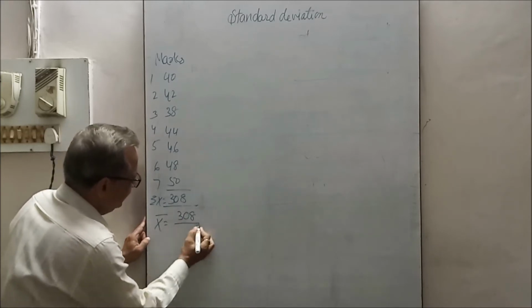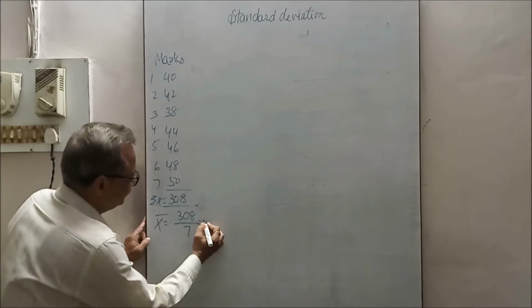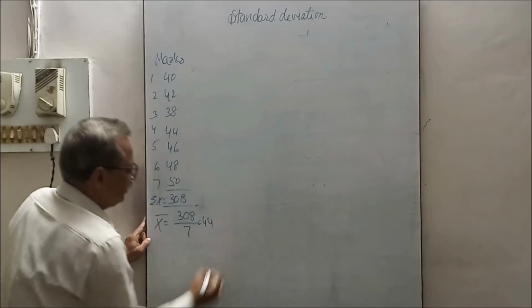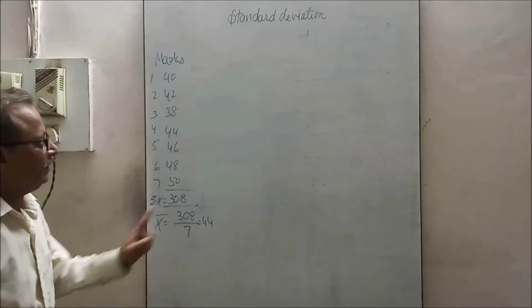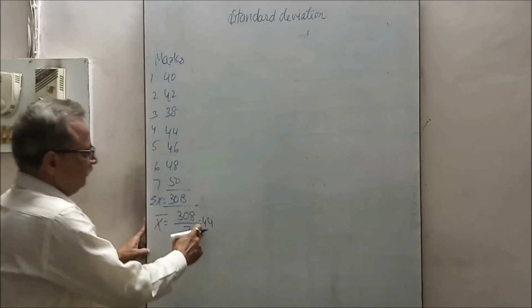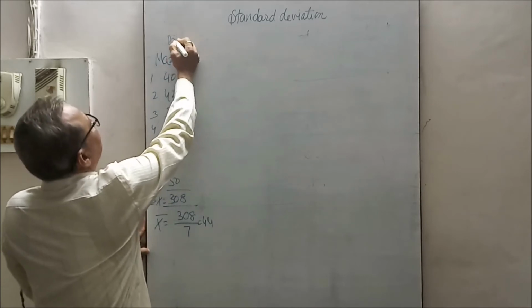The mean is 308 upon 7, that is 44. Now the second step is to find the deviation from x, in the direct method. Both methods we will discuss, first the direct method.